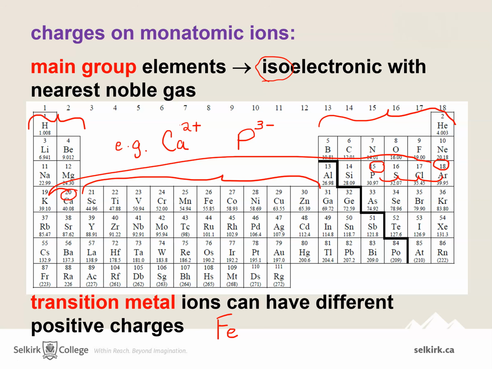Well, if I just had an iron nail, pure elemental iron, it wouldn't have any charge at all. It wouldn't be an ion because it's not in an ionic compound with a nonmetal. Elemental iron has no charge. But I know from experience that if it is in an ionic compound, sometimes iron is 2+ and sometimes iron is 3+.